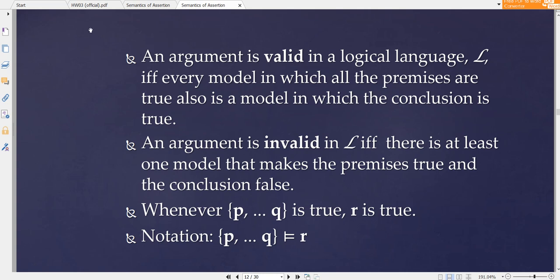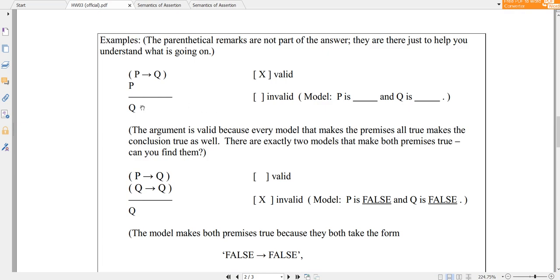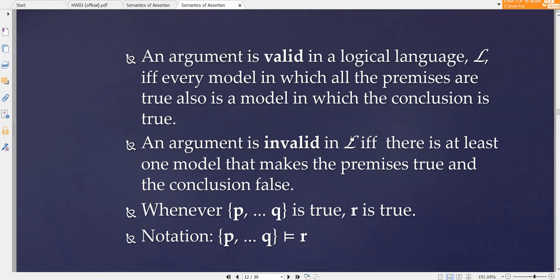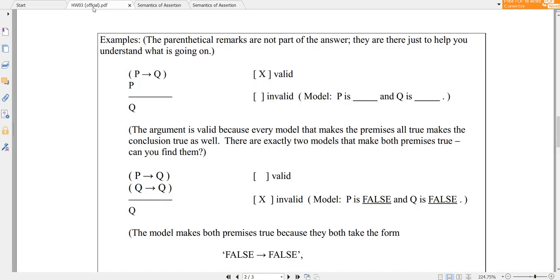So for these exercises, it's best to start with the conclusion, because you just need that one model to show invalidity. Now, you can't do it here, because invalid arguments are ones with a false conclusion and true premises.